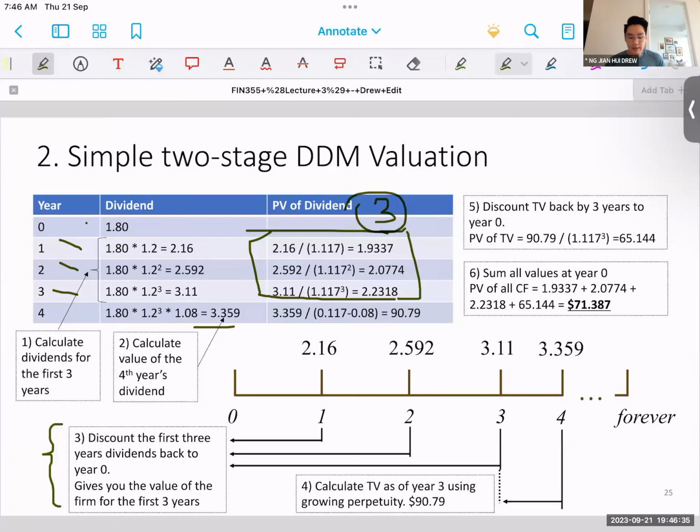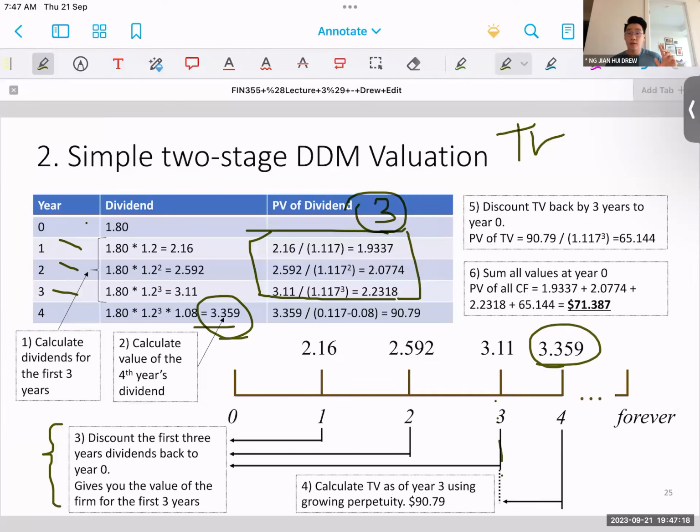Now, we know that after year 3, the company will grow at a stable rate. And this is where we calculate the terminal value, TV, and we use the growing perpetuity formula to do so. So let's take this line graph here. We are at year 3, and we know at year 4 this is the amount of dividends paid.